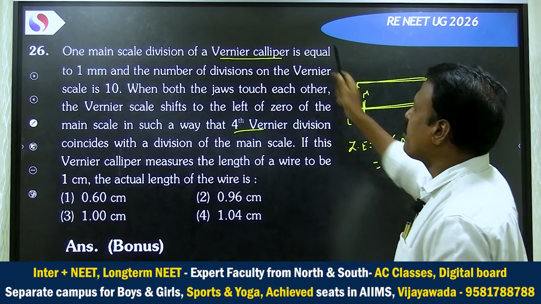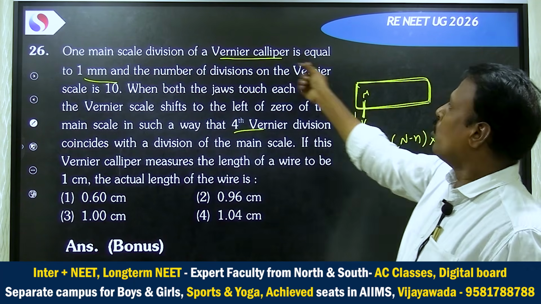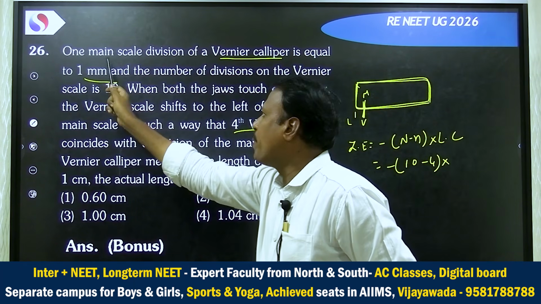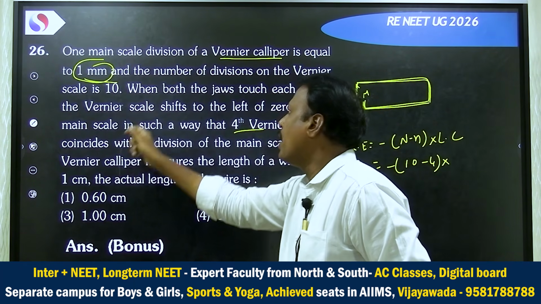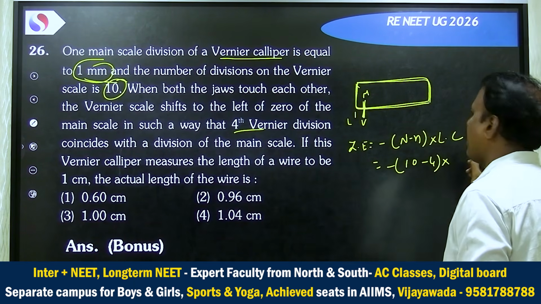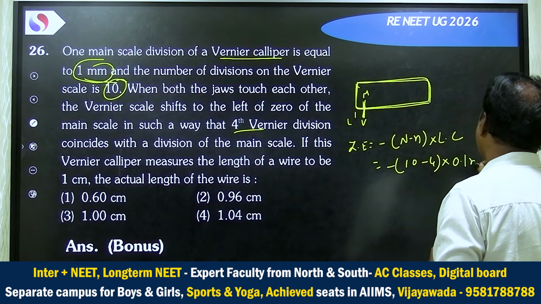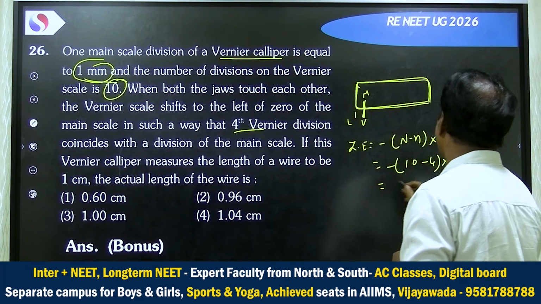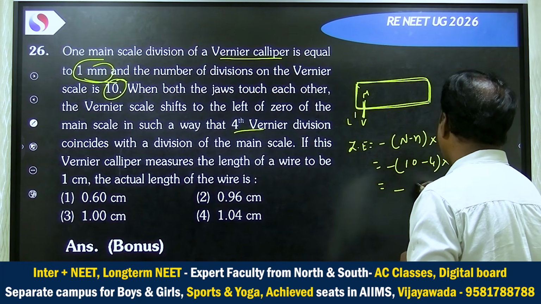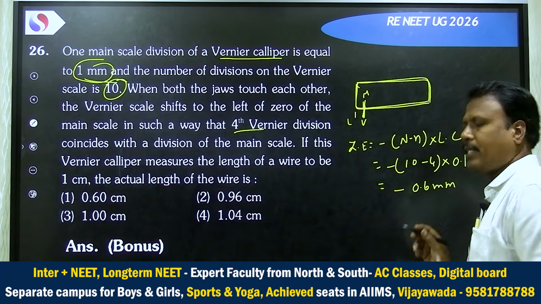As usual, it is an ordinary vernier calipers. One main scale division is 1 mm and there are 10 divisions, so the least count of the vernier scale is 1 by 10 mm, that means 0.1 mm. Finally, it comes like minus 0.6 mm.